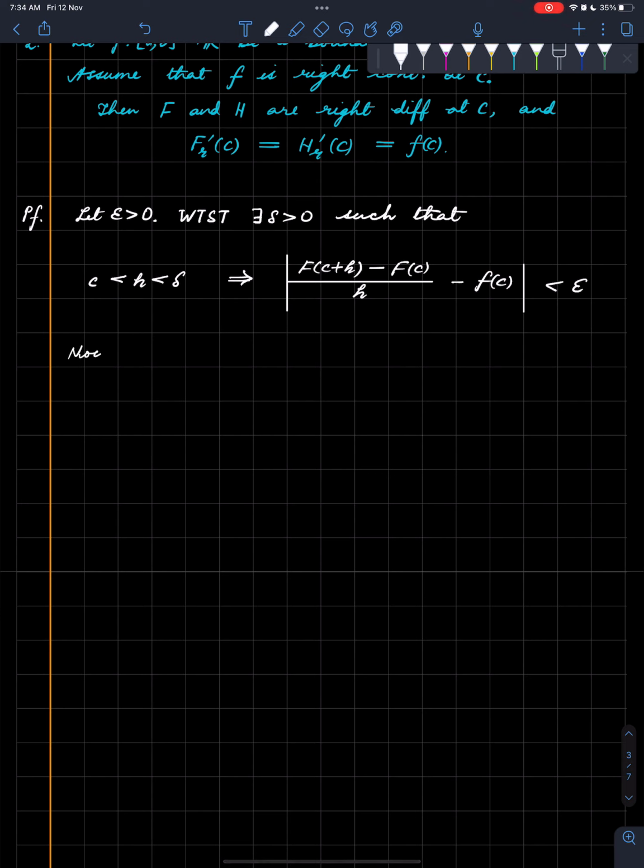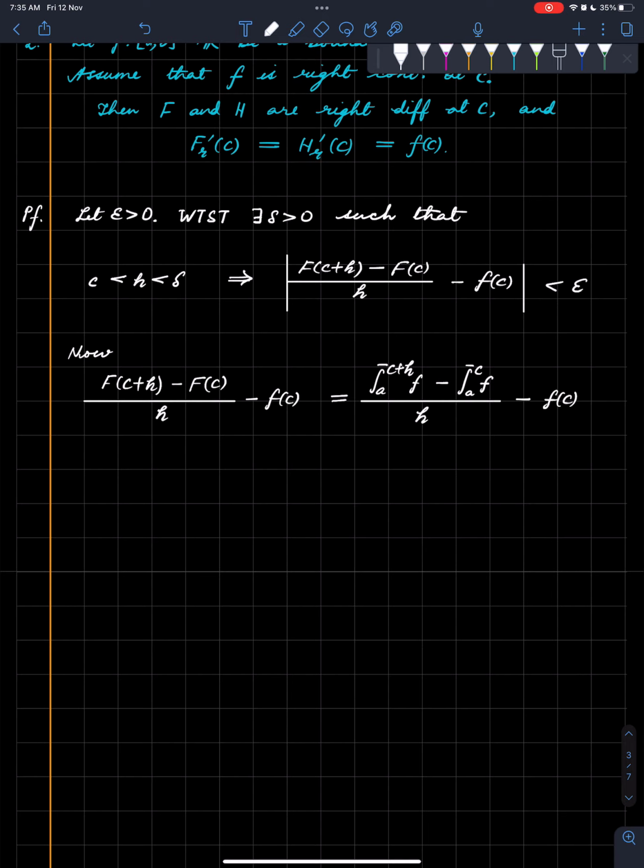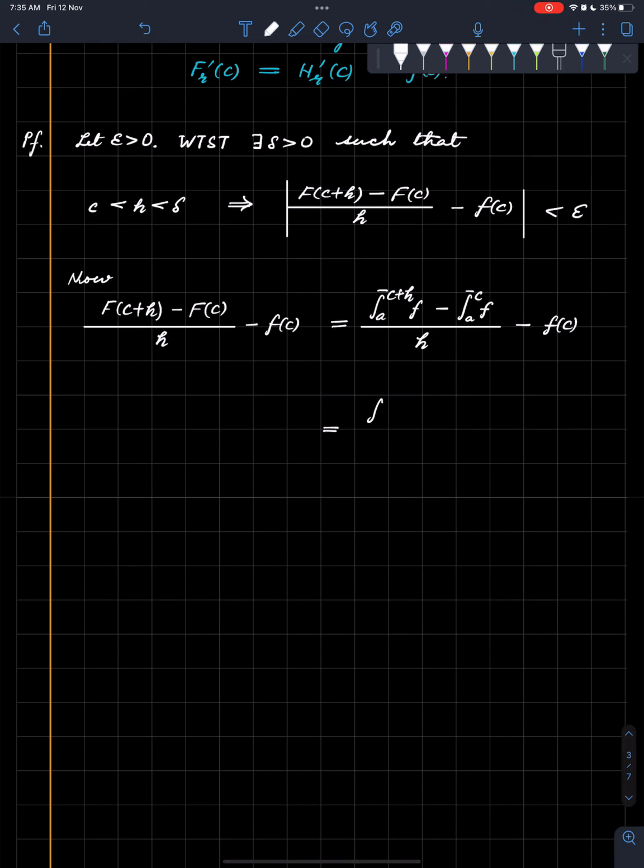So now this expression, F of c plus h minus F of c, upon h, minus f of c is by definition equal to the upper integral up to c plus h minus the upper integral up to c, upon h, minus f of c, which is equal to, so note this step, the upper integral from c to c plus h of f, upon h, minus f of c.